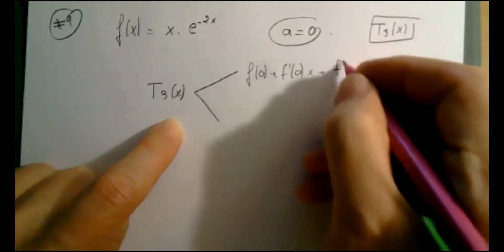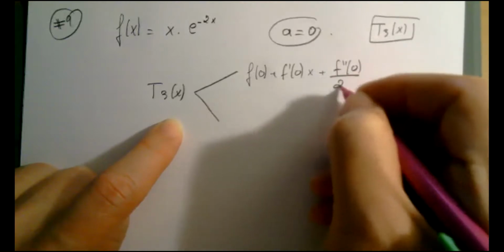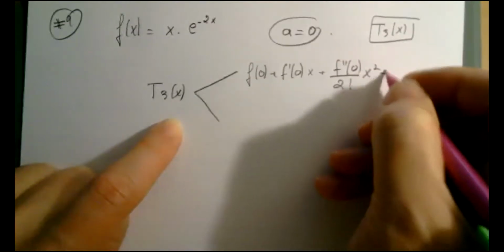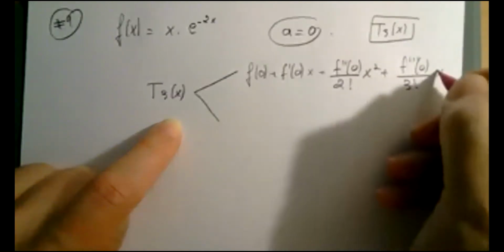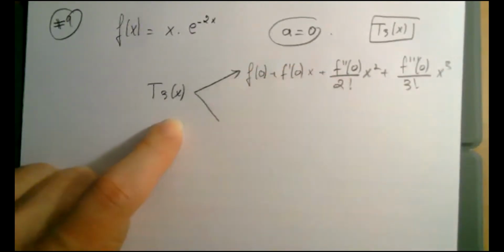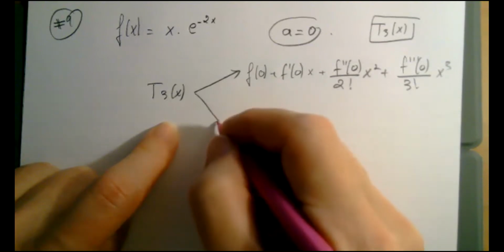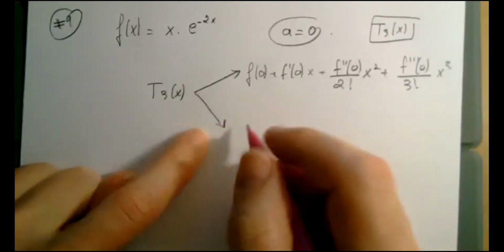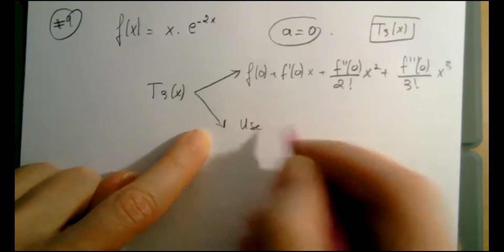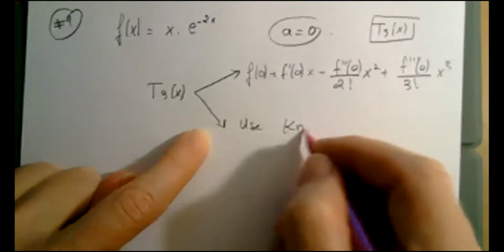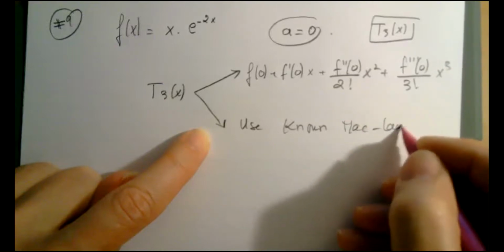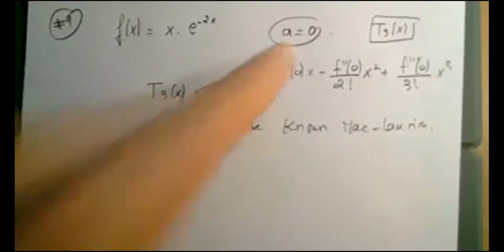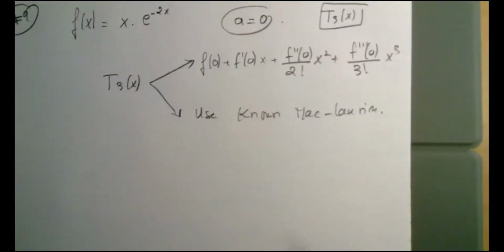That means you have to compute all those derivatives. That's one way to do this problem. Another way is we just use known Maclaurin series because it's at a equal to 0. Which one do you want to go? 1 or 2?